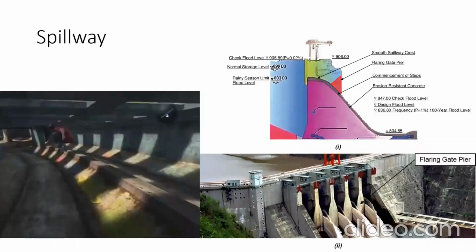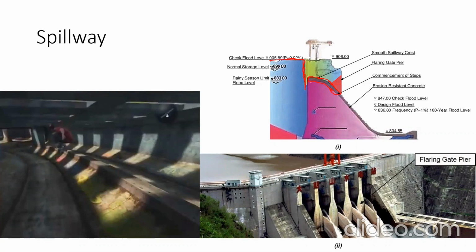I will show you the photo. Here this is the reservoir, and this part is the spillway. You can observe that this spillway part is situated in the upper part of the dam.